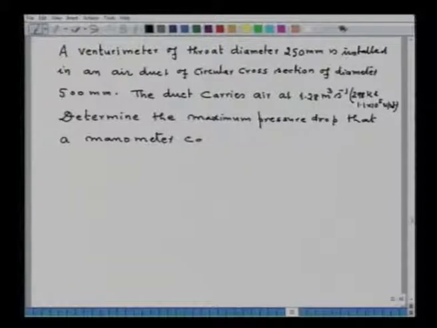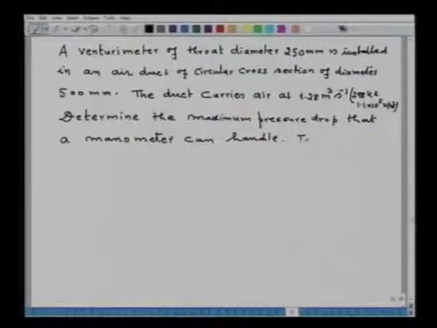Now, as I have said, Venturi meters are designed such that there is insignificant loss of pressure, and hence their coefficient of discharge value for calculation purposes, take CD equal to 0.98. So, now we have to calculate the maximum pressure drop.